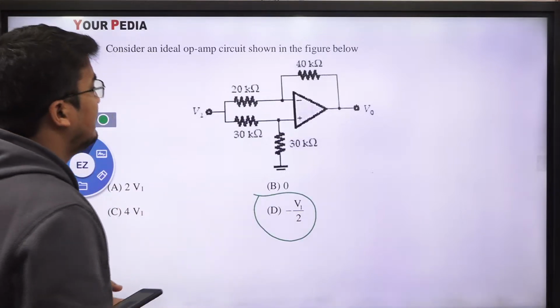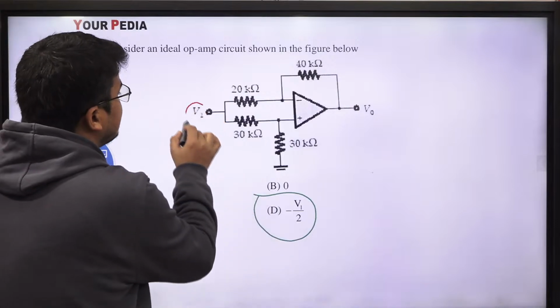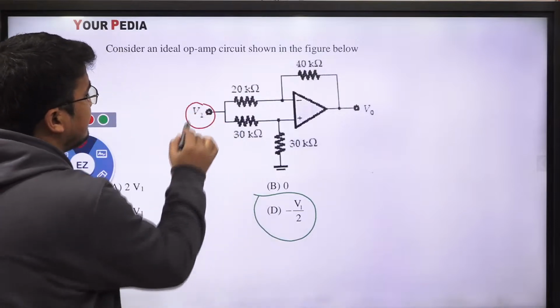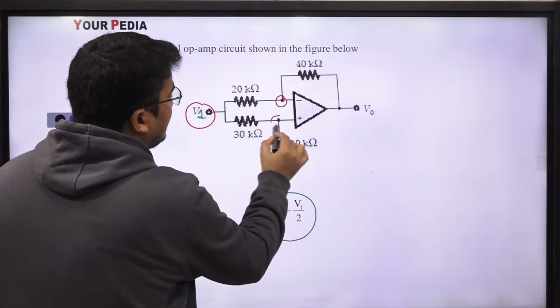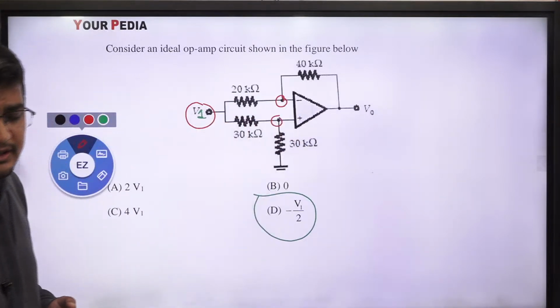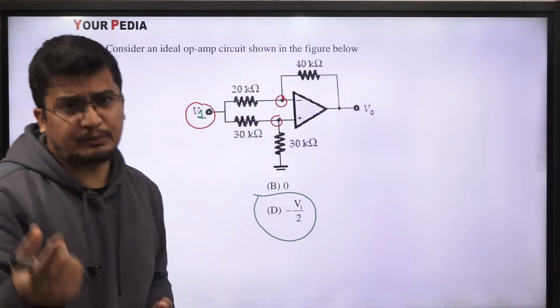See, you can see this input V1 is going on both the inverting and non-inverting terminals. So under such a case, you apply superposition.